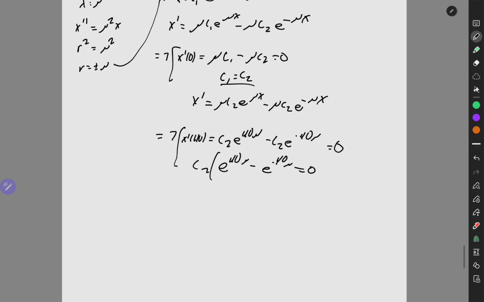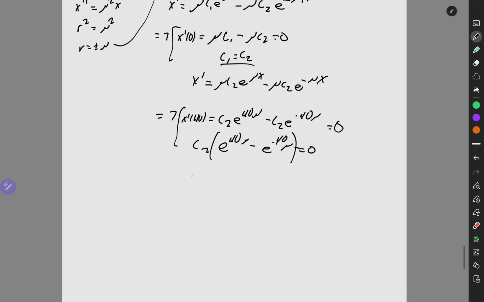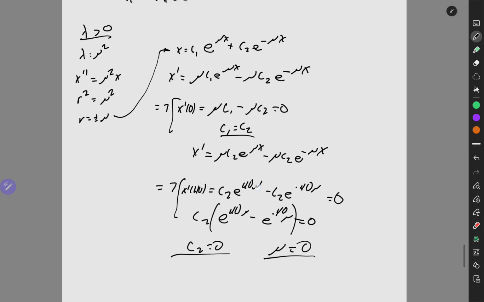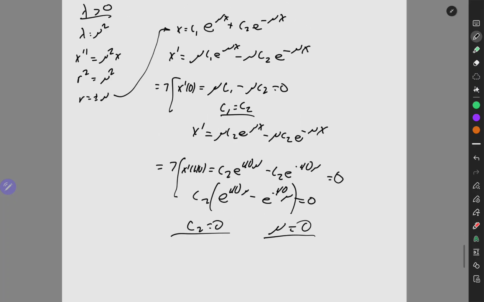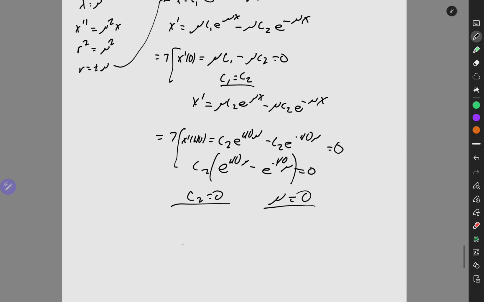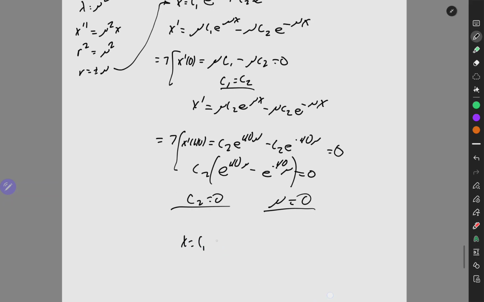You think of it like this. So then you can see that C2 has to be 0 and mu has to be 0 from that. And because of that, we don't even need to care about the mu is 0 part. We can already look at this and see C1 equals C2 and C1 is also 0. So even if you have this, this just further proves our point.